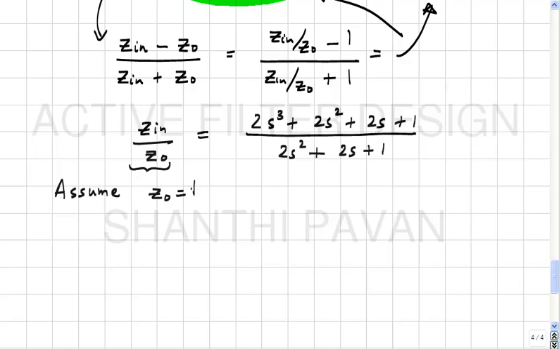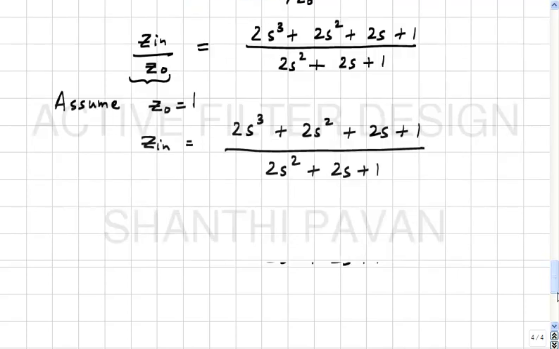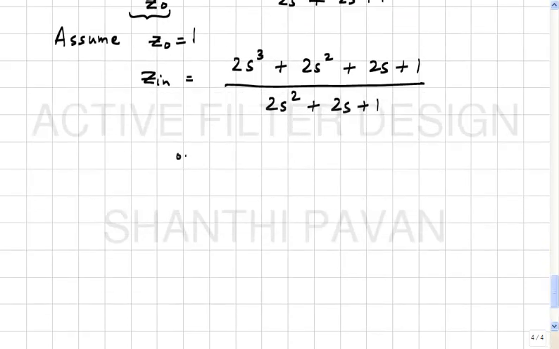So the Zn we are interested in realizing as a function of s is 2s cube plus 2s square plus 2s plus 1 divided by 2s square plus 2s plus 1, and the Zn we are referring to is that of the LC network loaded by the resistor.